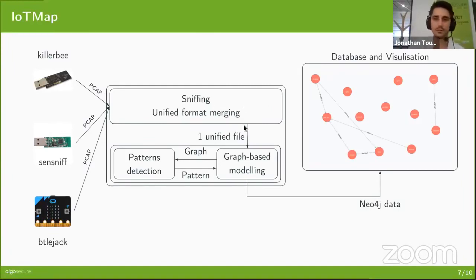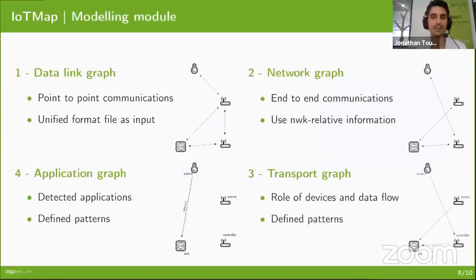The file is taken as input by the modeling modules that generate a modeling, as we can see on the right side of the slide. And a database and visualization module is provided to allow the user of IoT Map to see the representation of the network. Let's get deeper into the modeling modules.